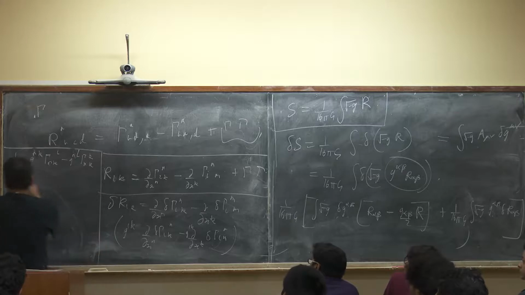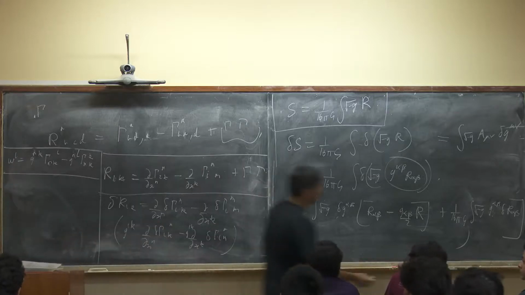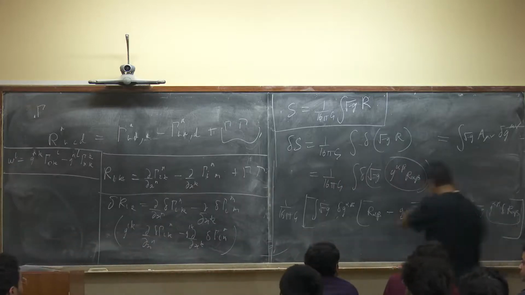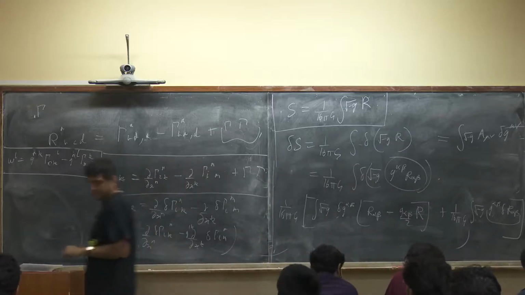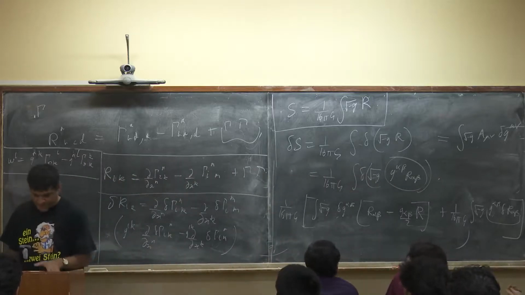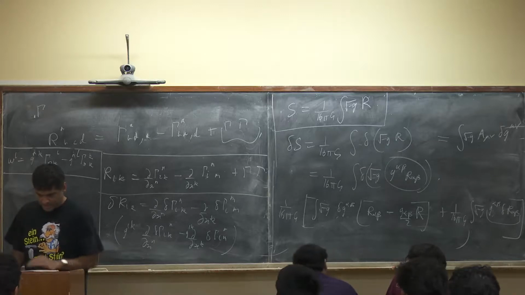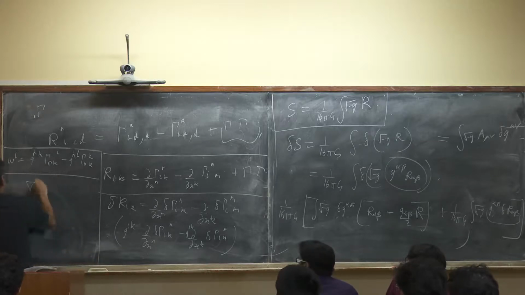Claim: this quantity here is simply del dot W, del dot W.